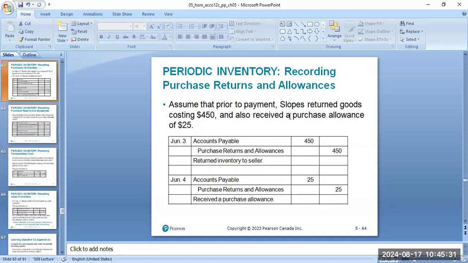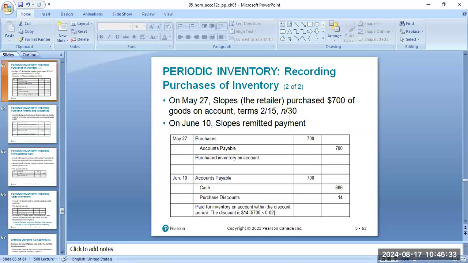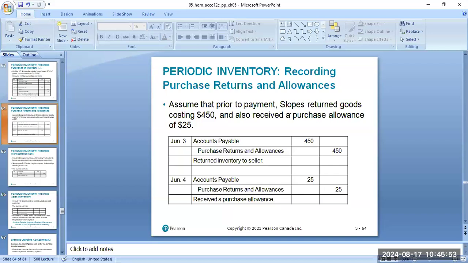So, to summarize, the new accounts that we have: when we purchase something, we add everything in the purchase account. When we have a purchase discount, it goes to the purchase discount account on the credit side, which is a contra account to the purchases. When we have a return, we put everything on the credit side in the purchase return and allowance account.